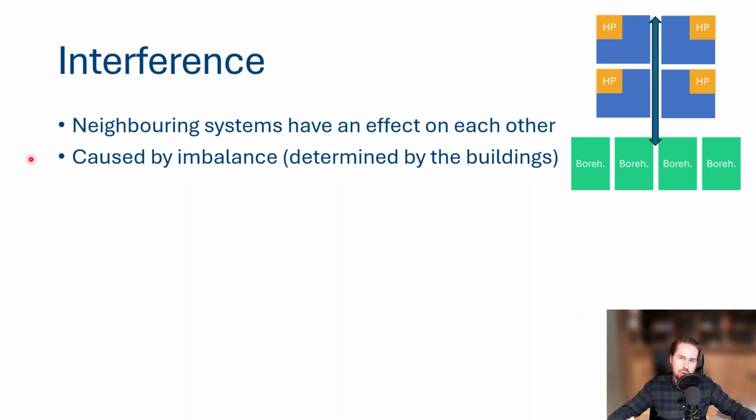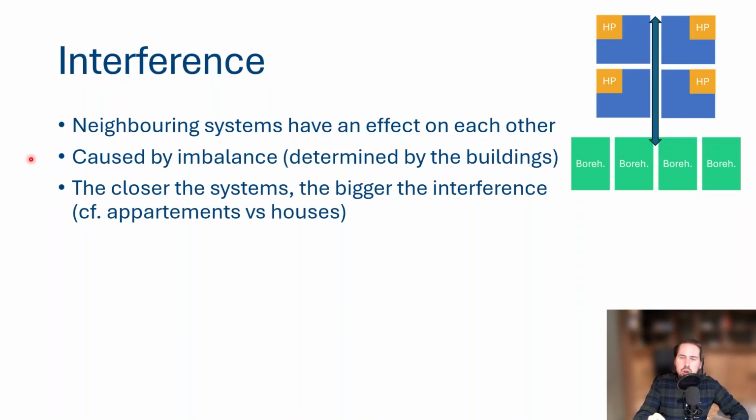So your borehole or your borefield will experience a slightly different ground temperature due to what your neighbors are doing with their geothermal system. That's called interference, and the closer the systems are together, the bigger this interference will be.